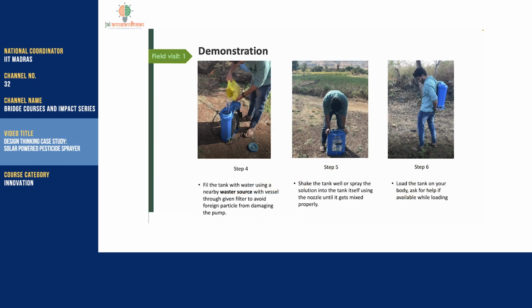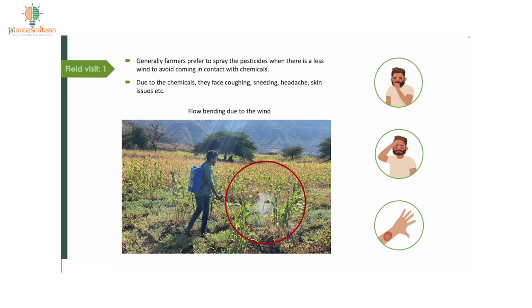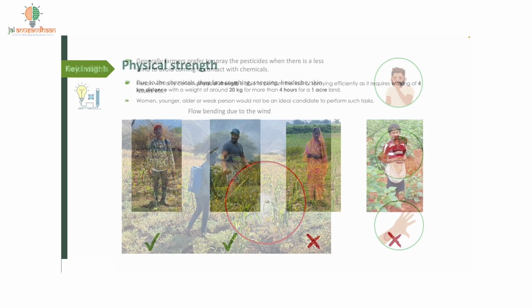Then he also had the equipment demonstrated, first by the farmer, then he himself tried to use it, put it onto his back and go and spray. And he had a lot of issues. If the wind is against you, then you get it onto your face, coughing, sneezing, headache, skin issues.